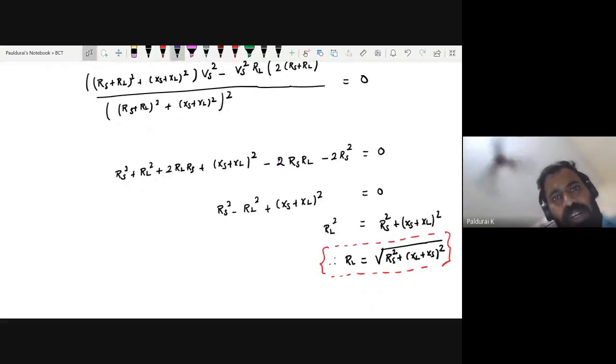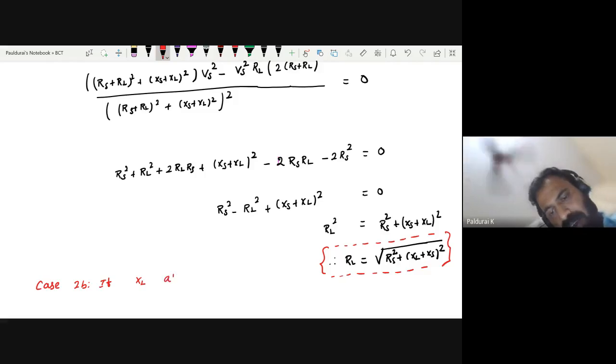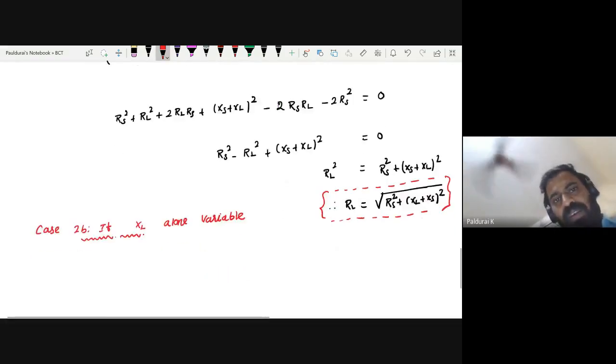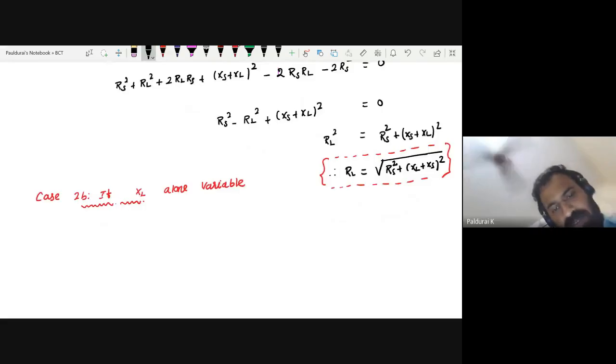Case 2a over, right? Coming to case 2b. If XL alone is variable, you know the formula for power dissipation across the load, same formula, don't change it.